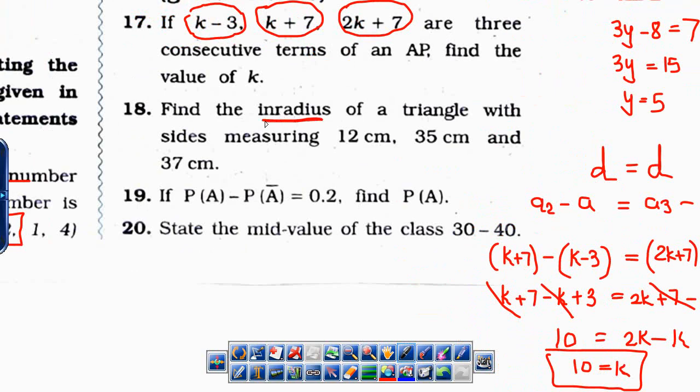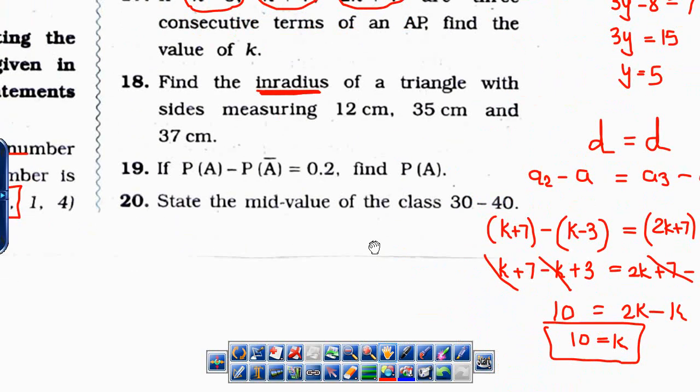Find the inradius of the triangle with sides 12, 35 and 37.